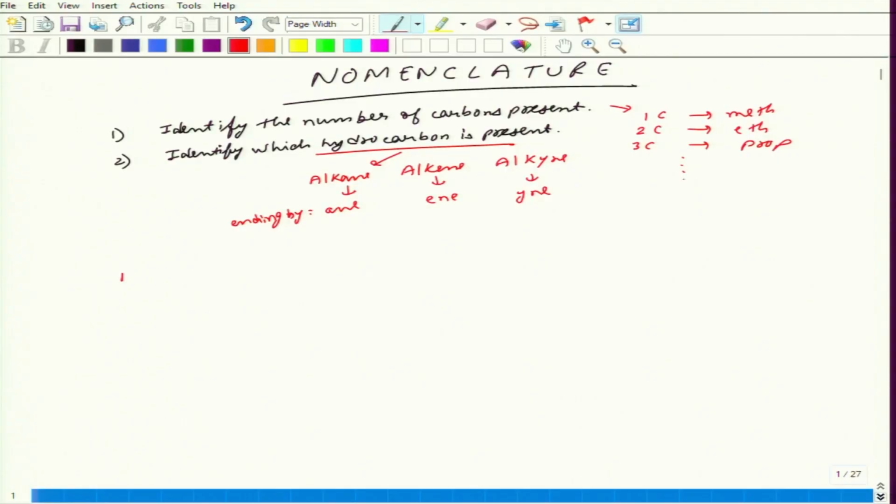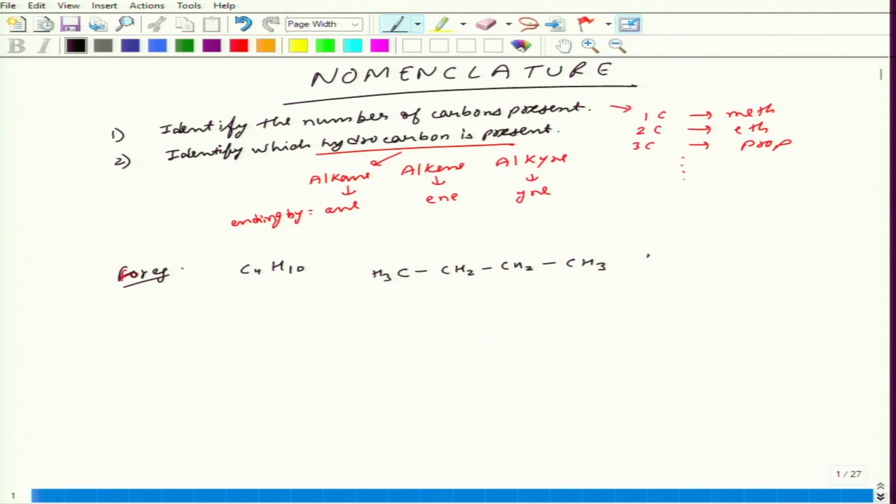So, for example, let us take C4H10. What I have taught till now is the straight chain, CH3, CH2, CH2, CH3.